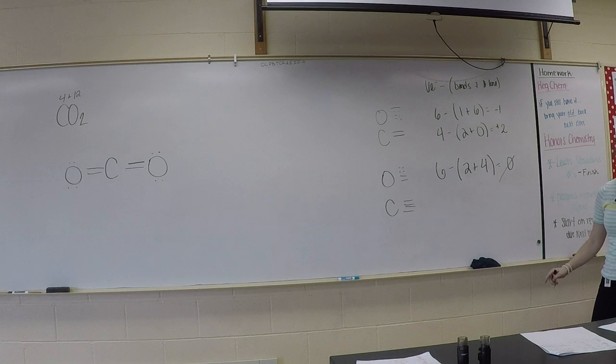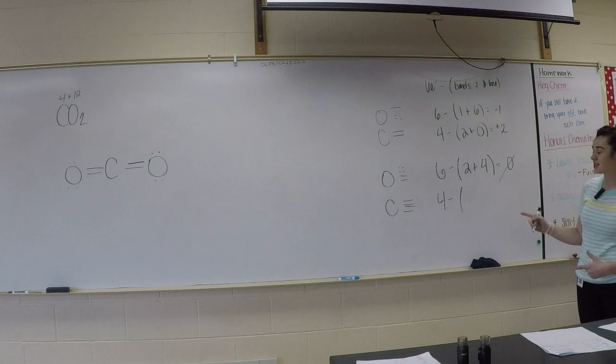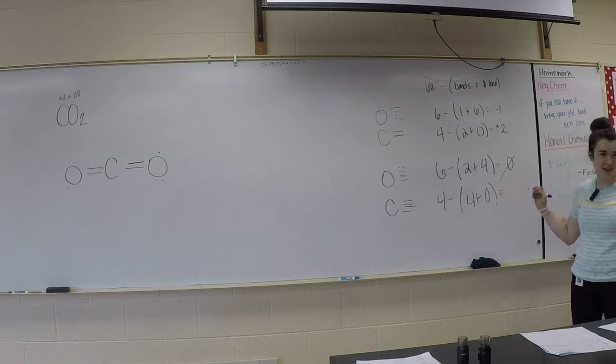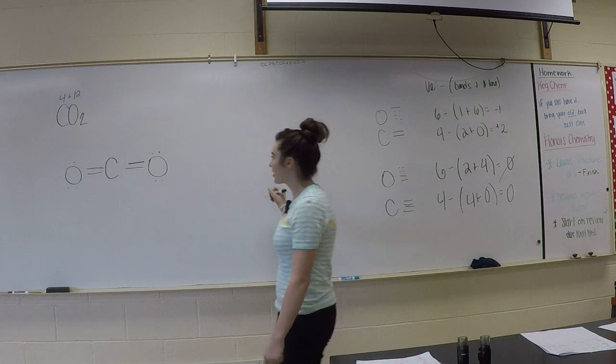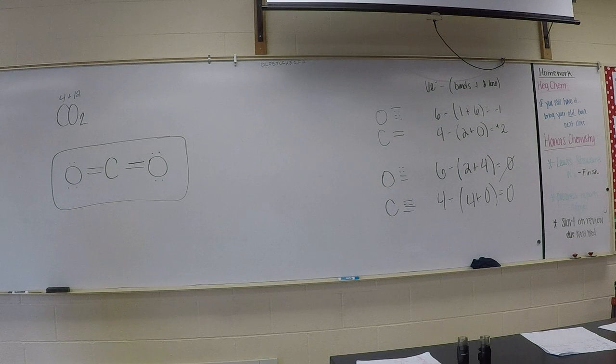You gotta admit that's kind of cool. And then carbon, we need 4 of them. How many bonds? 4 plus how many lone? 0. So, 0. So is this a happy structure? Yes. Heck yes it is. Go happy structure. This is our geometry.